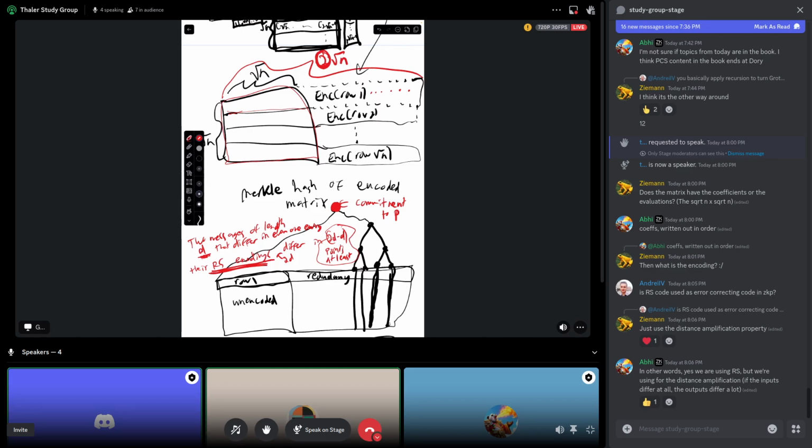Yeah, that was largely correct. I mean, nothing has been randomized yet. The commitment here is deterministic. The randomness comes in during the evaluation proof checking. When the verifier goes to check an evaluation proof, it's going to pick like 100 random entries of each row and make the prover reveal those entries.